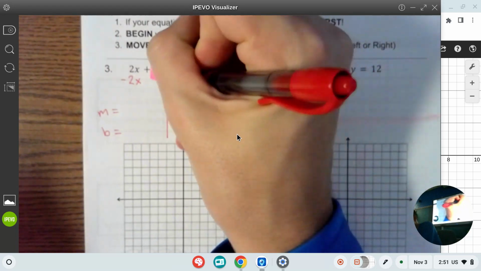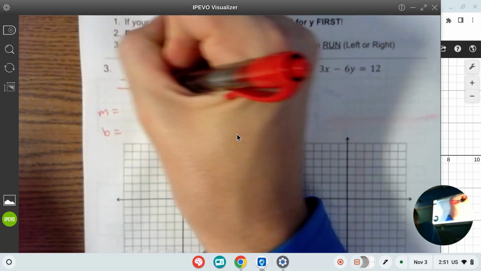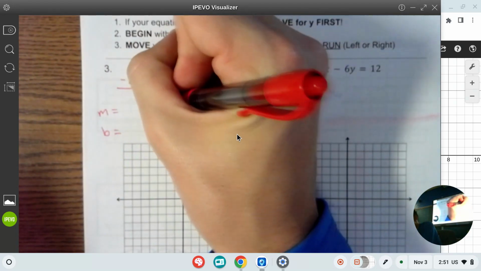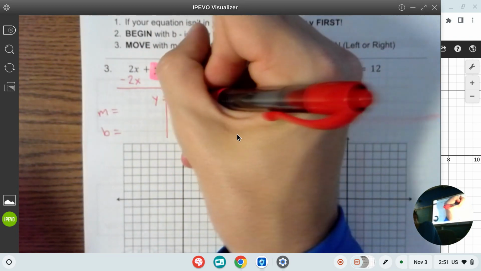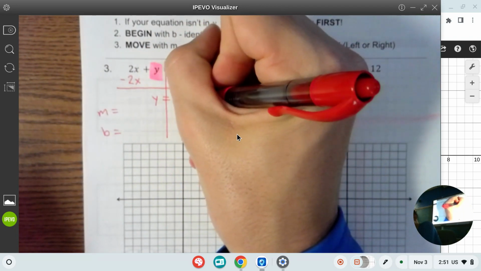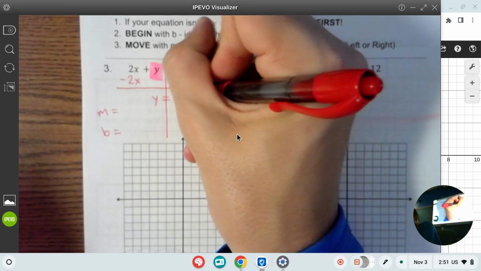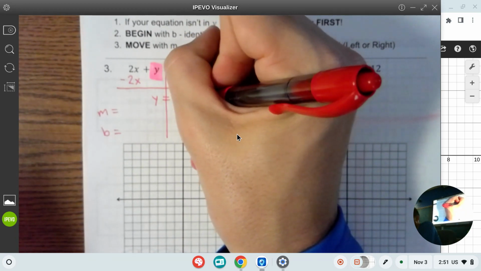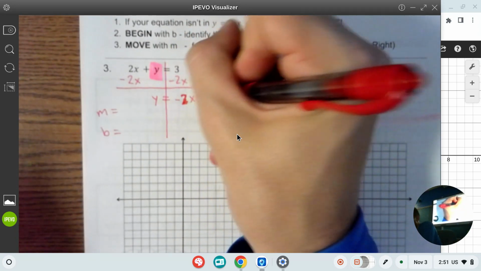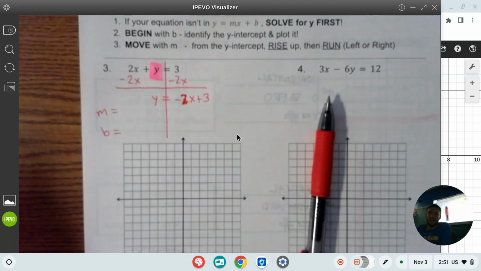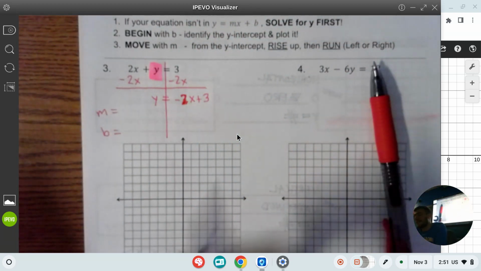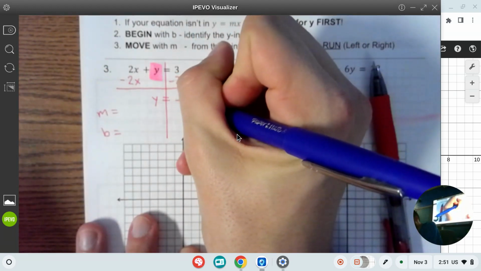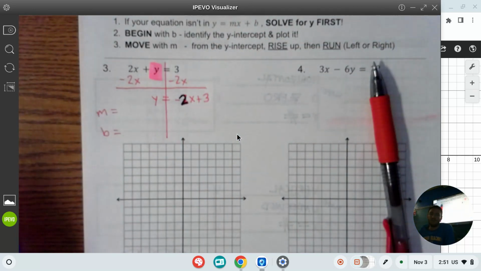Your expectation today is you're going to have to solve for Y before you actually start the graphing process. The good news is that we have done lots and lots of solving for Y, and so we should be pretty good at this.